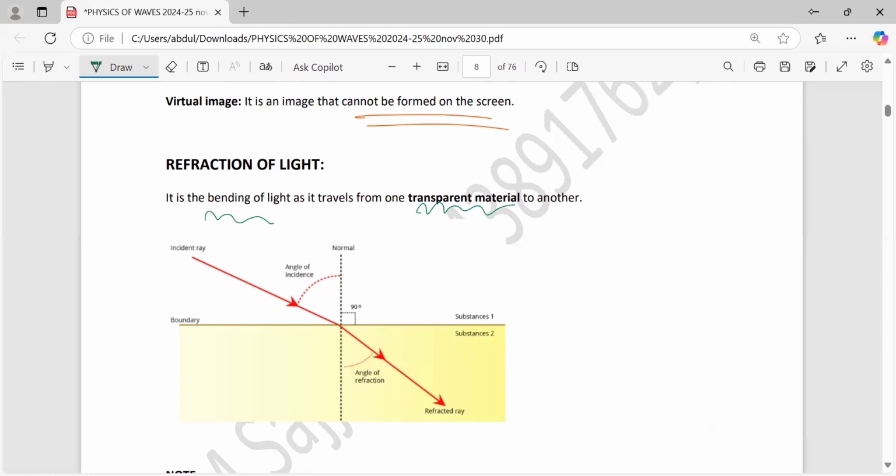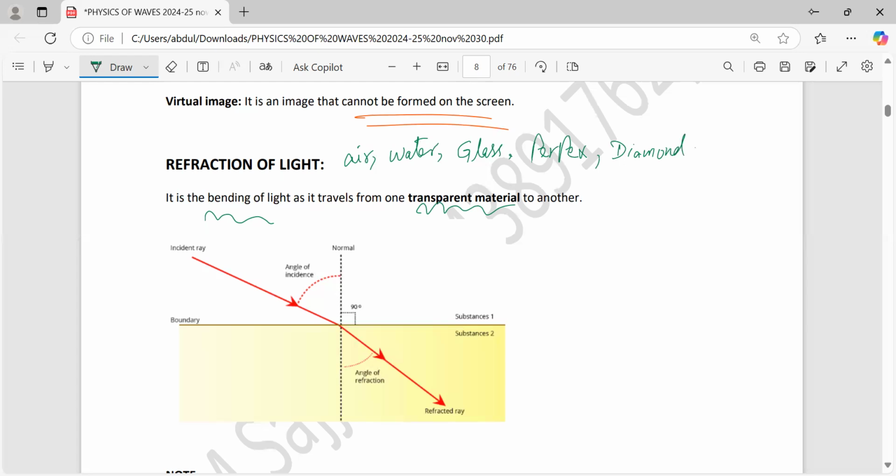What are the transparent materials? Now just let me share with you that in our IGCSE syllabus, the transparent materials are air, water, then glass, then perspex, and then diamond.